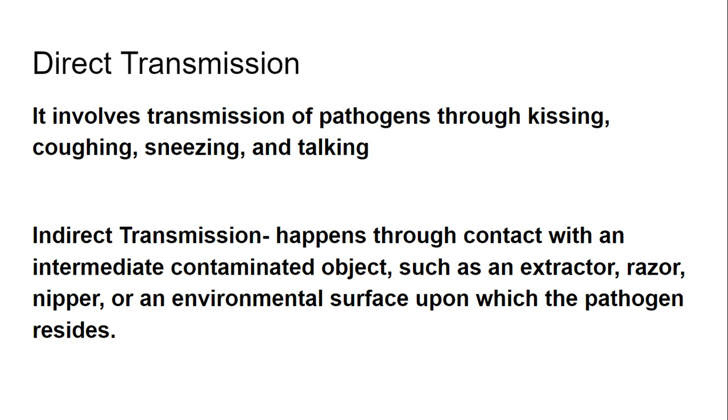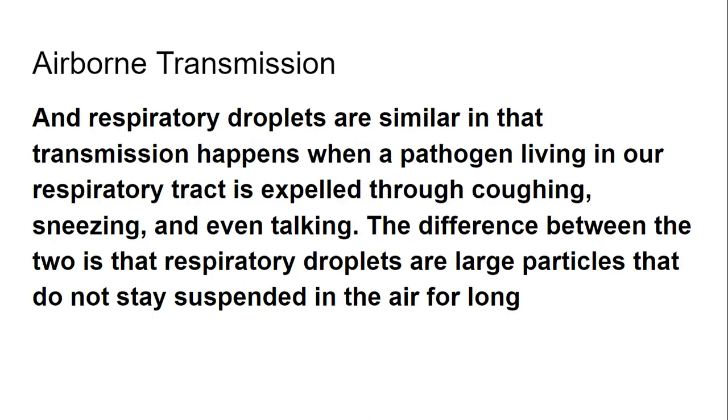However, there is also indirect transmission, which happens through contact with an intermediate contaminated object, such as an extractor, razor, nipper, or an environmental surface upon which the pathogen resides. So make sure you know the difference between direct transmission and indirect transmission.